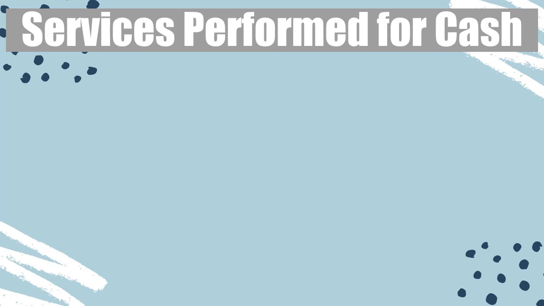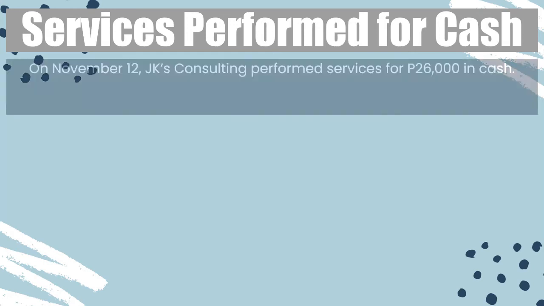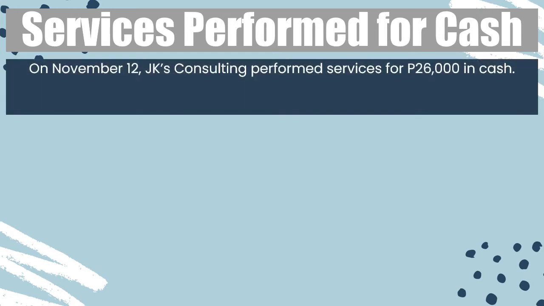Services performed for cash. JK Consulting performed services for 26,000 pesos in cash. So, ang JK Consulting ay nag-perform ng service. Kapalit ng service, nakatanggap ng 26,000 pesos in cash.